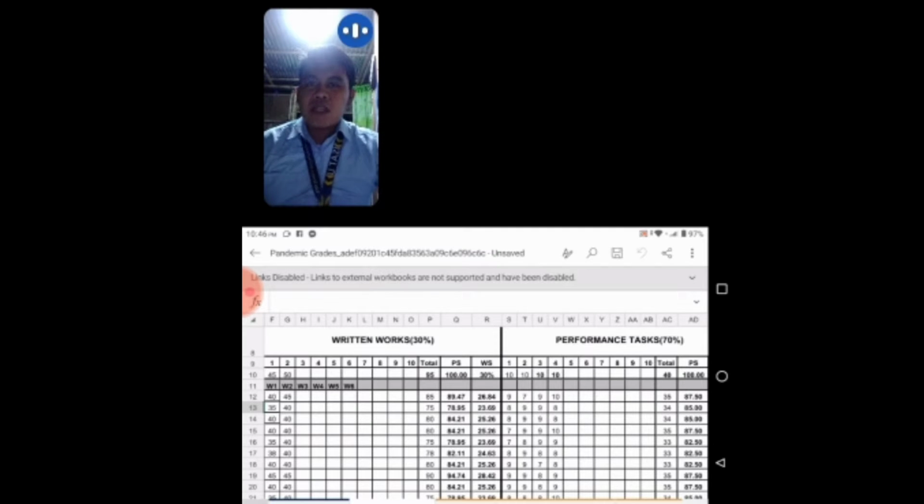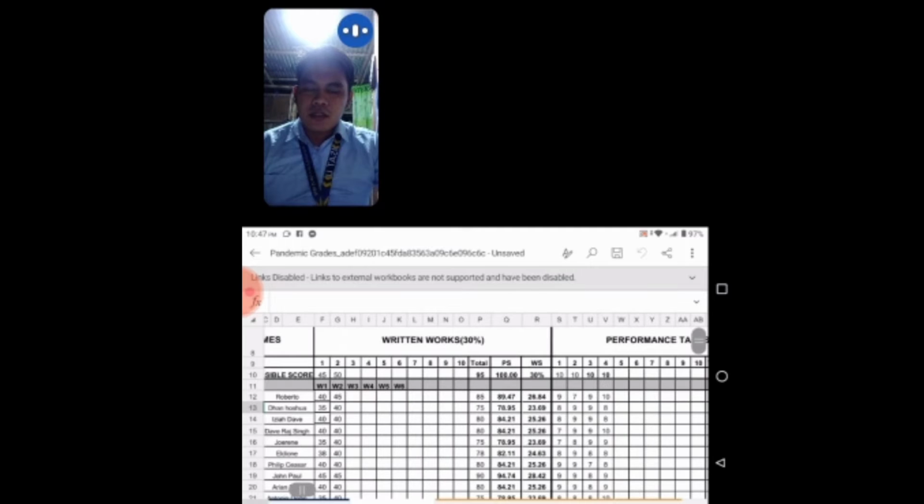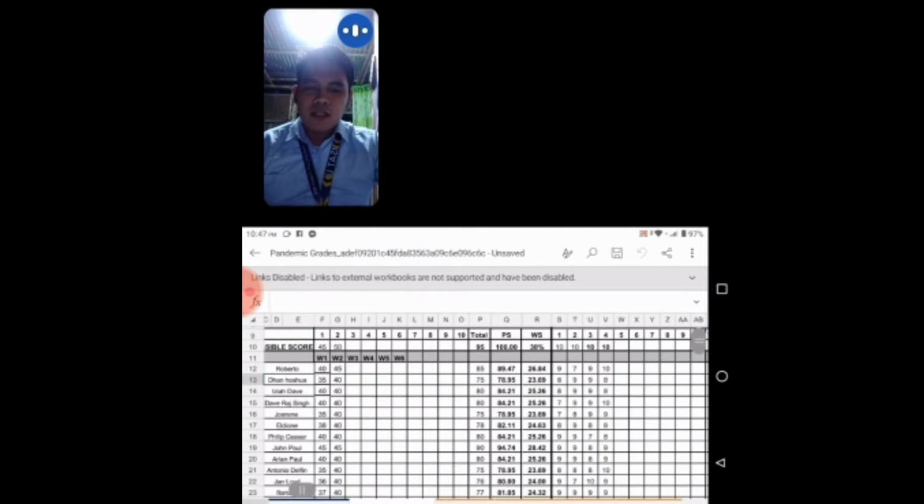Okay, I'll give the first example, student A. In the written work we only have 30% of the score. Written work number 1, the highest possible score is 45, and written work number 2, the highest possible score is 50.